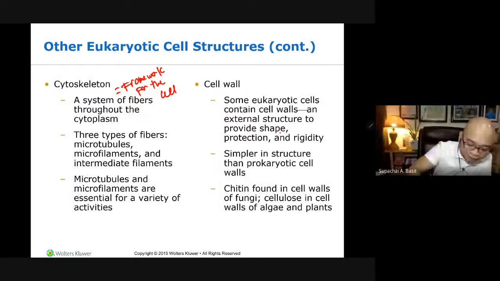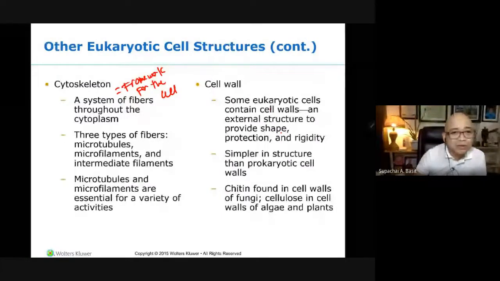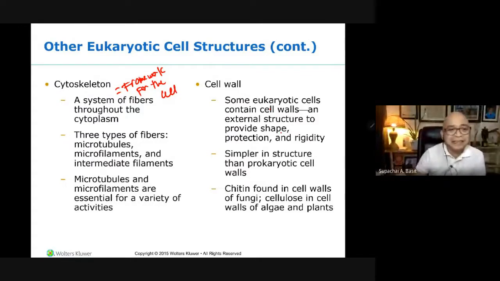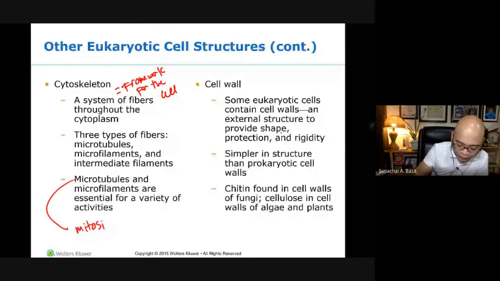There are actually three types of fibers: the microtubules, the microfilaments, and the intermediate filaments. For example, microtubules are important for mitosis or cell division.